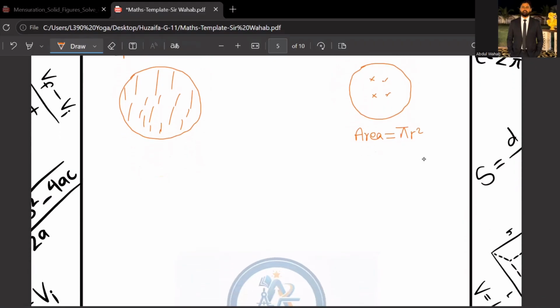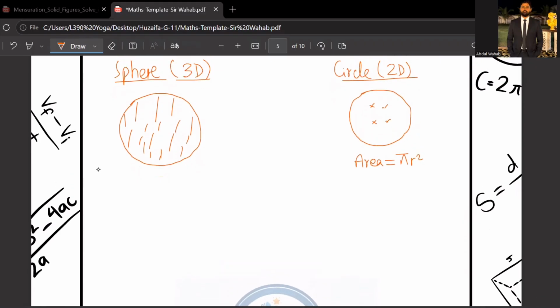But if you focus on the solid figure, the sphere, if you just think about it, if you hold the football in our two hands, there must be 4 portions, 4 circles that make a football in a complete form.